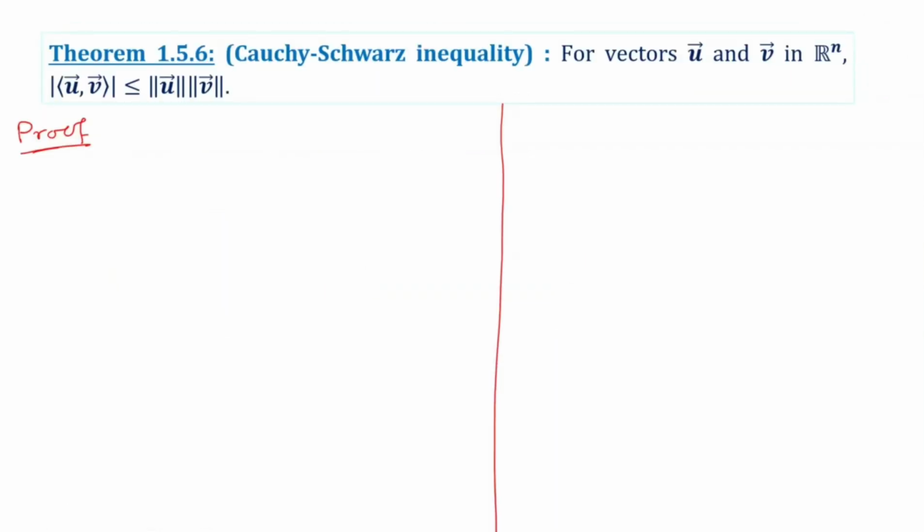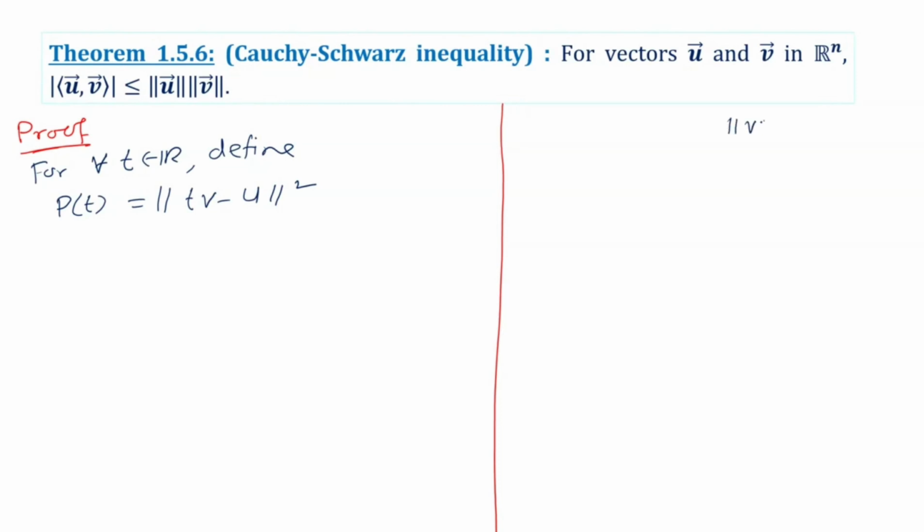For all t belongs to R, we are going to define a special function, P(t), which is equal to the norm of tV minus U, whole square. Before going to prove this, we first find out this one.